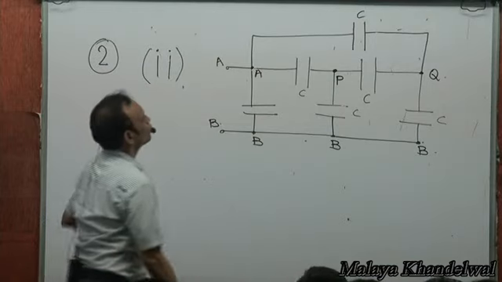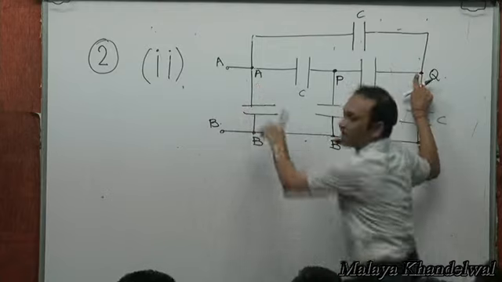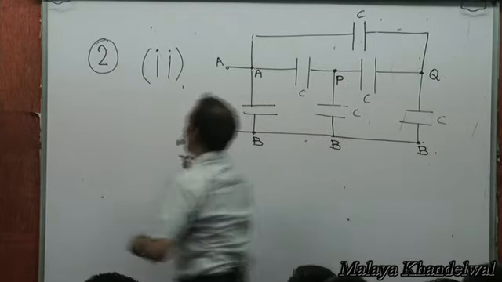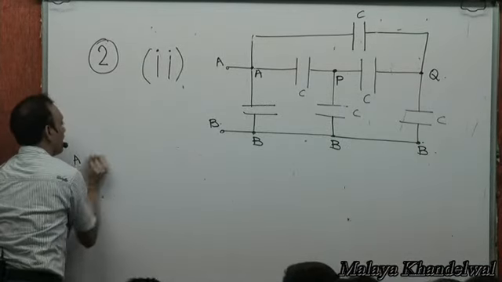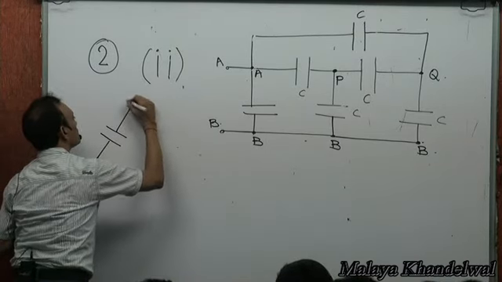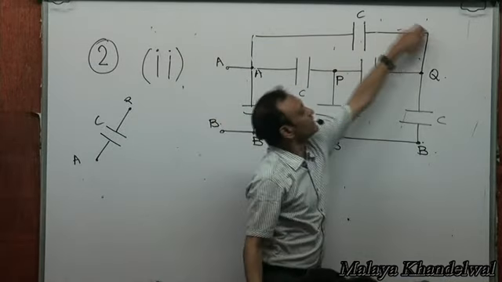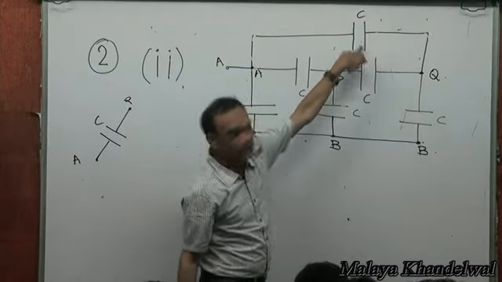From A to P, there is a capacitance, and from A to Q, there is another capacitance. So I label a point A and a point P. Between A and P, there is a capacitance, and then between A and Q, there is another capacitance.